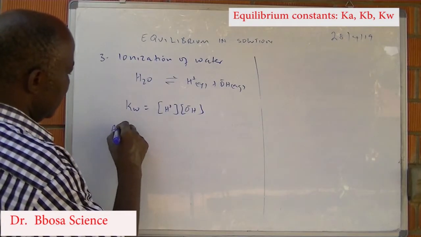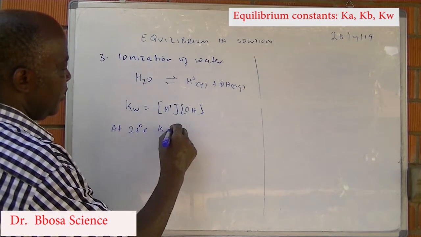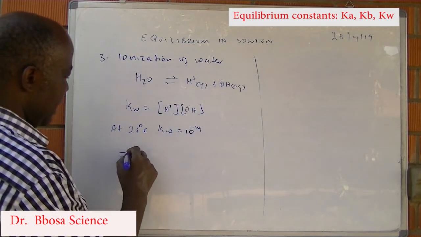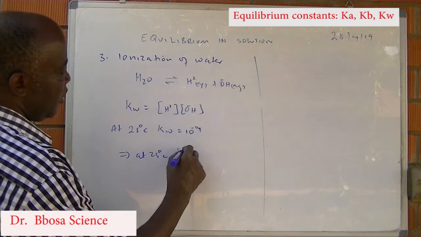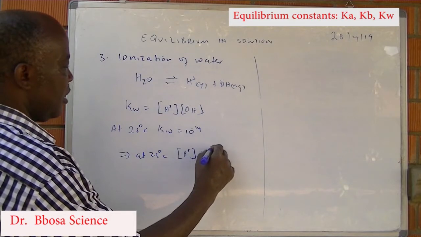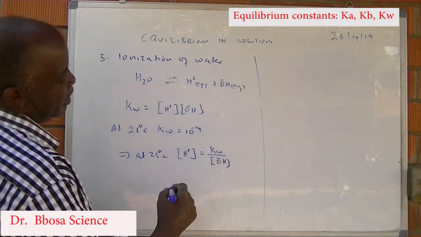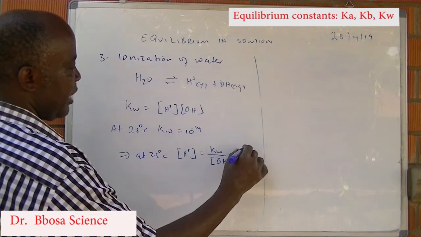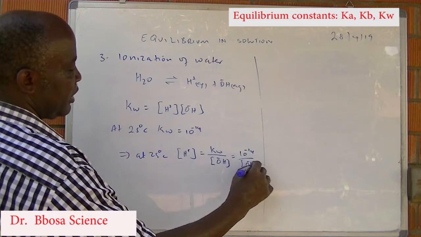At 25 degrees Celsius, Kw is equal to 10 to the power negative 14, which implies that at 25 degrees Celsius, the concentration of hydrogen ions will be equal to Kw over the concentration of hydroxyl ion, which is equal to 10 to the power negative 14 over the concentration of hydroxyl ion.